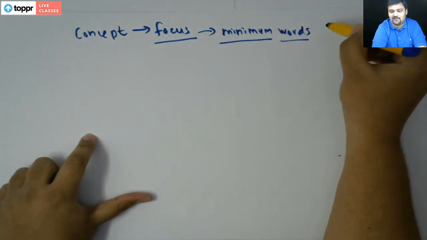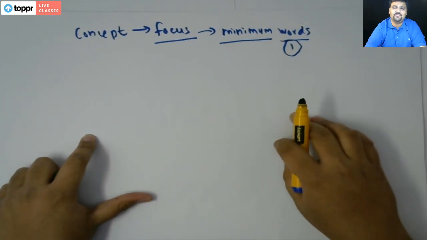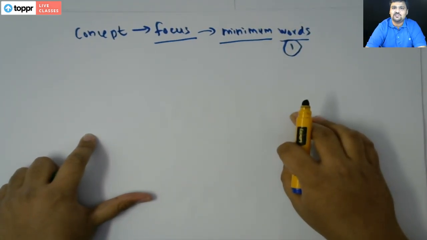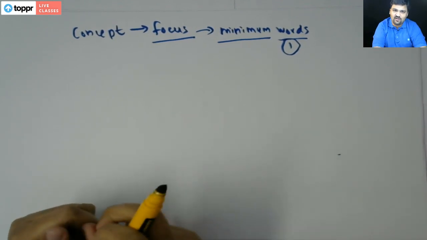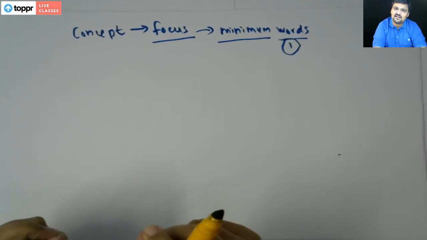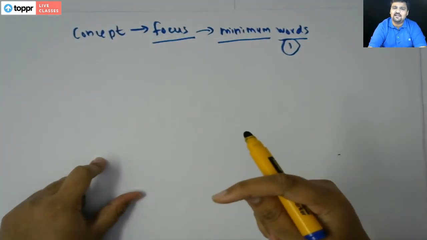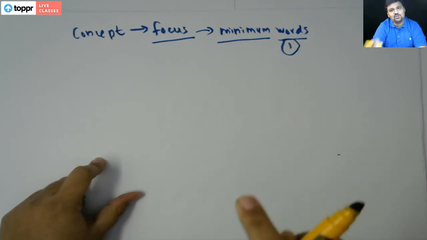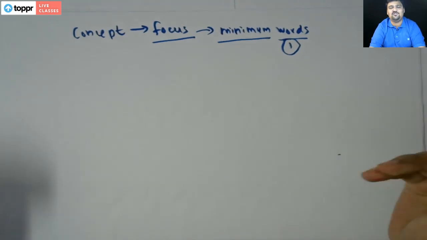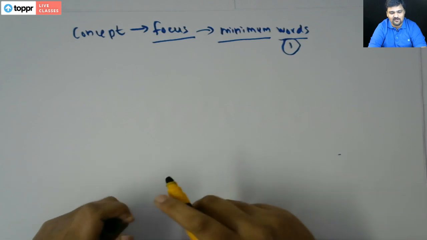And what is the reason for this? Because these are 1 mark questions. Are you understanding this? So the key to answering a 1 mark question is to use minimum words. Try to understand the concept and build your answer in a way that gets the technical aspect of the concept clear. At the same time, your understanding of that concept is also clear. Are you understanding this? Very good.